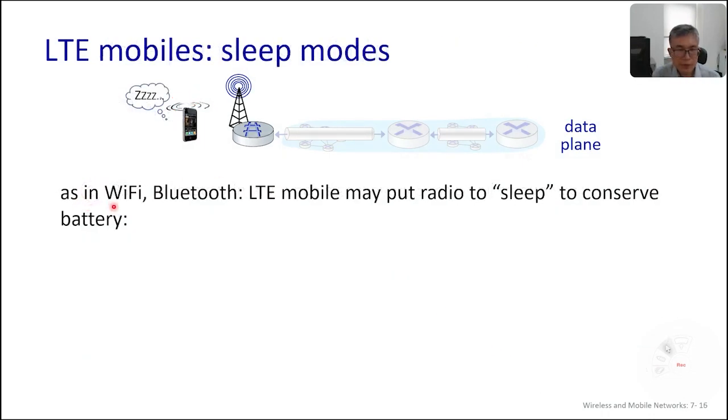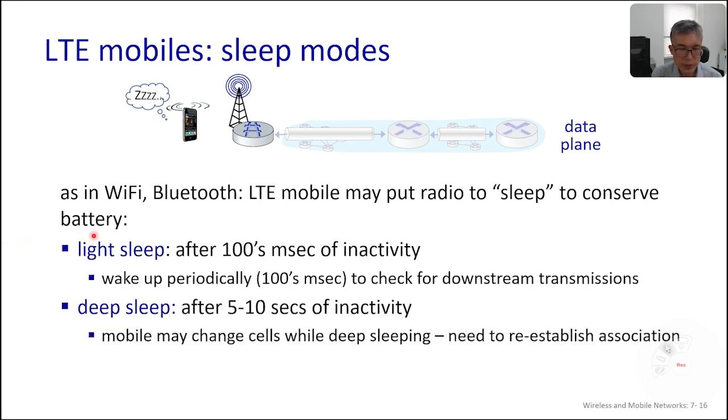As in Wi-Fi and Bluetooth, an LTE mobile device may put its radio to sleep to conserve, that is, save battery energy. There are light sleep and deep sleep. Light sleep is after 100 milliseconds of inactivity, waking up periodically every 100 milliseconds to check for downstream transmissions.